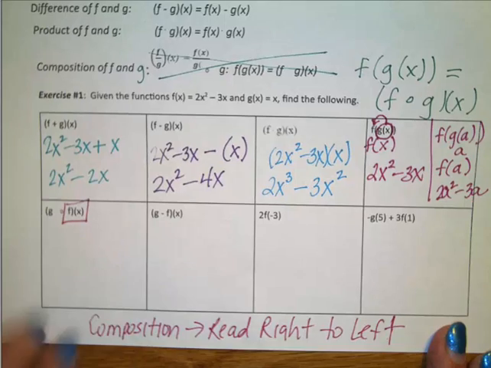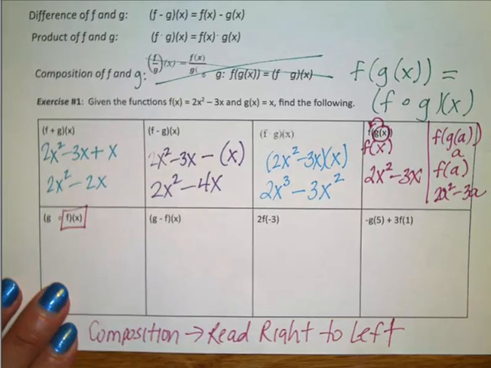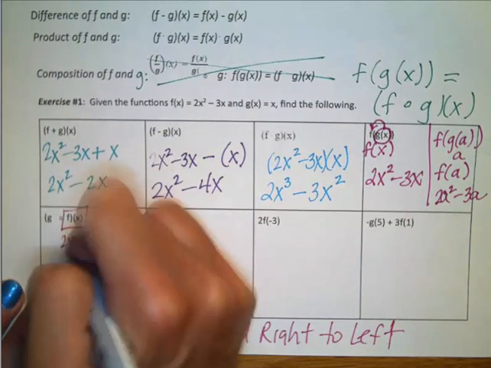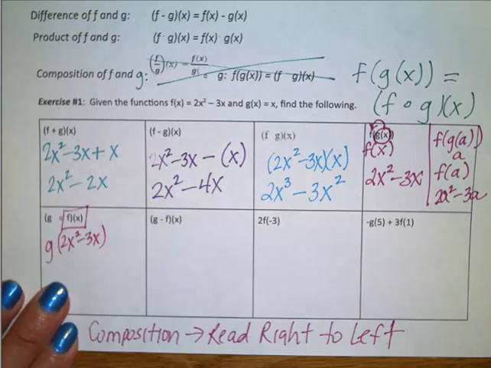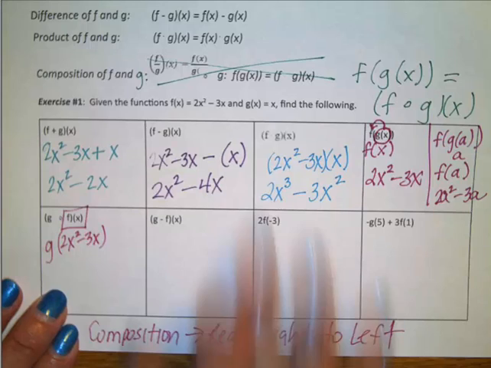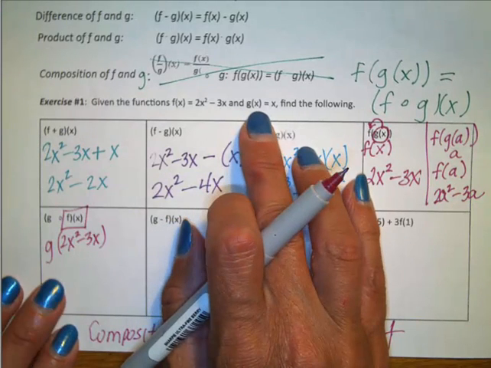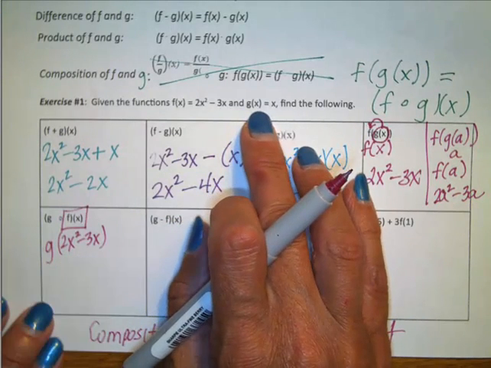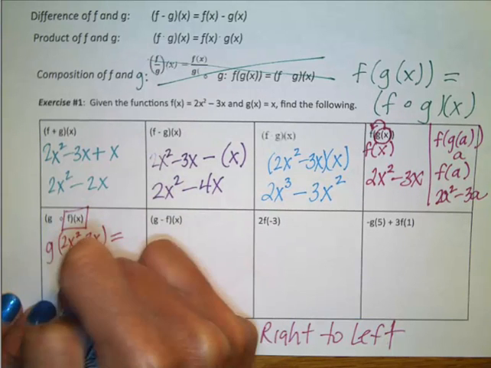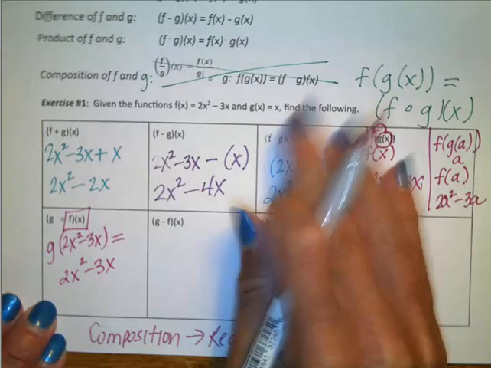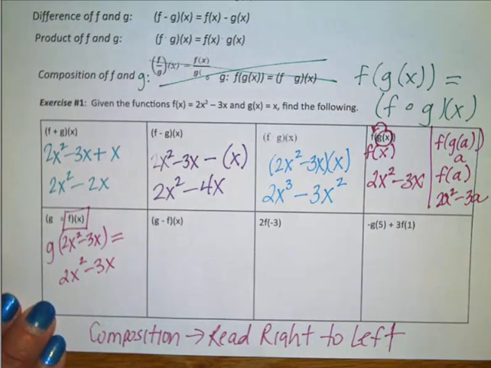All right, so f of x, what's f of x? It's 2x squared minus 3x. So I'm taking g of that. What the heck does that mean? Well, that means instead of x, I'm going to put this in its place. Well, the good news is that just equals 2x squared minus 3x because g was just equal to x. I didn't have to do anything to it.